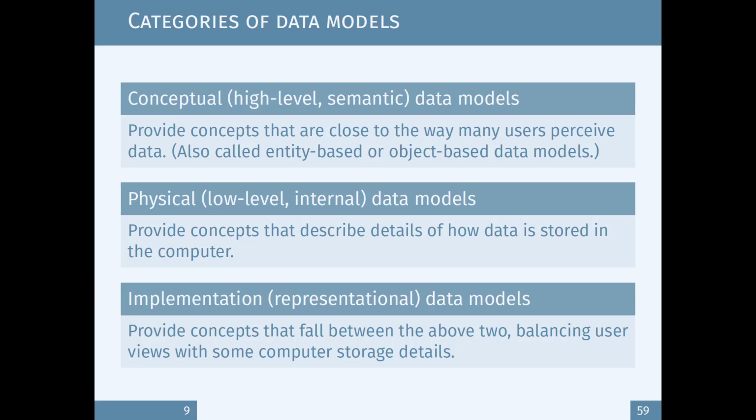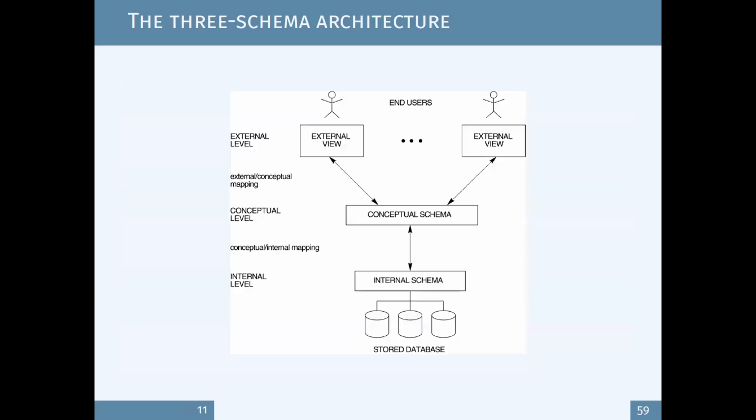Right. Now that we have looked at different types of data models, we can talk about the three schema architecture. In our case, three schema means there will be three levels of data when you're storing.